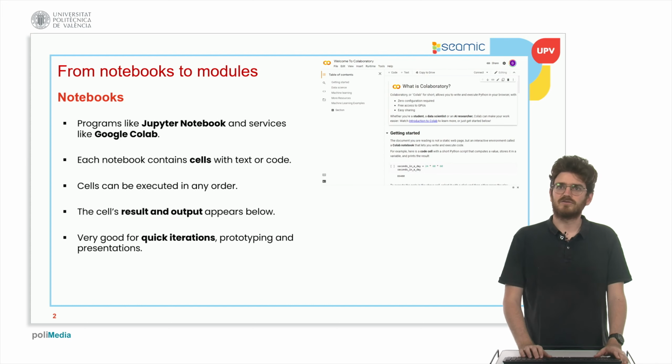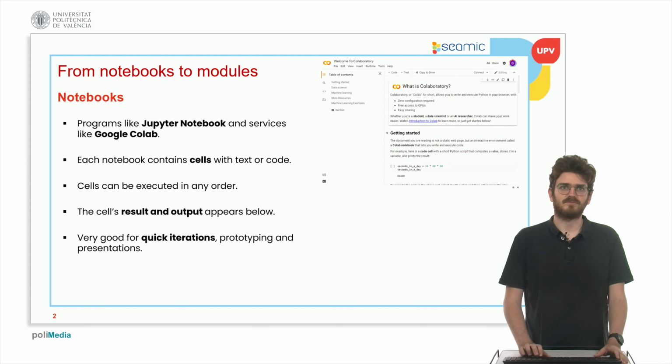It's very good for quick iterations. It's very common with data scientists and other computer science adjacent professions, because it's very fast to build up a short script with a notebook for prototyping and for presentations, as you can interleave the code and the images that you want.